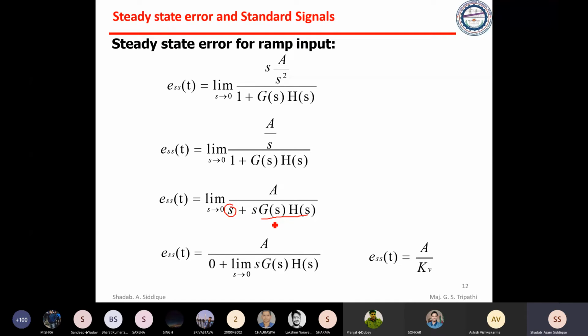If it gives 0, then the error will be infinite.